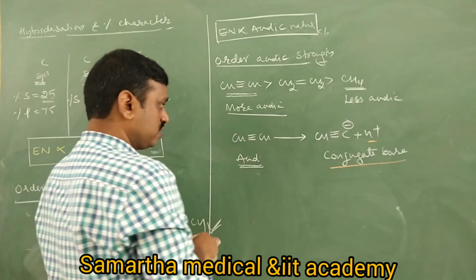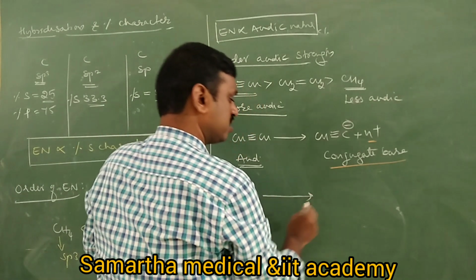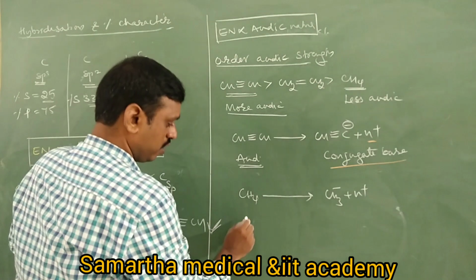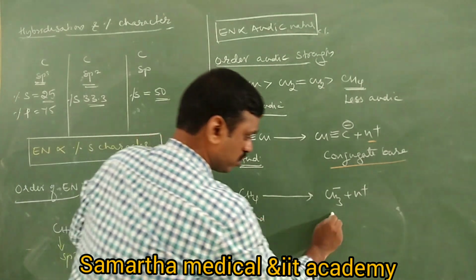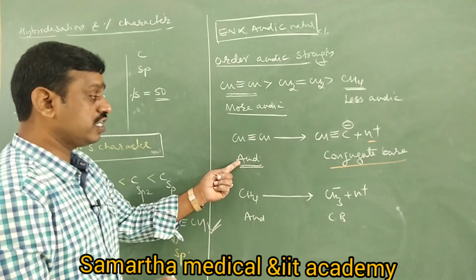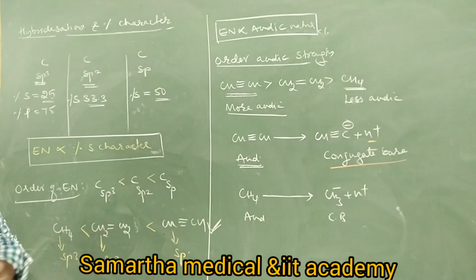Now the question is, similarly take methane. Methane also acts as an acid, it produces CH3 negative and H plus. It is an acid, and this is its conjugate base. But now the question is, strong acid always produces weak conjugate base, and weak acid produces strong conjugate base. Do you remember?